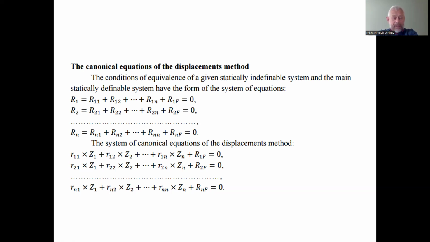And after that, due to the concept of elasticity, we can do a mathematical transformation, and each summand of the canonical equation can be redefined as, for example, the first summand as the factor R with the indexes 1, 1.